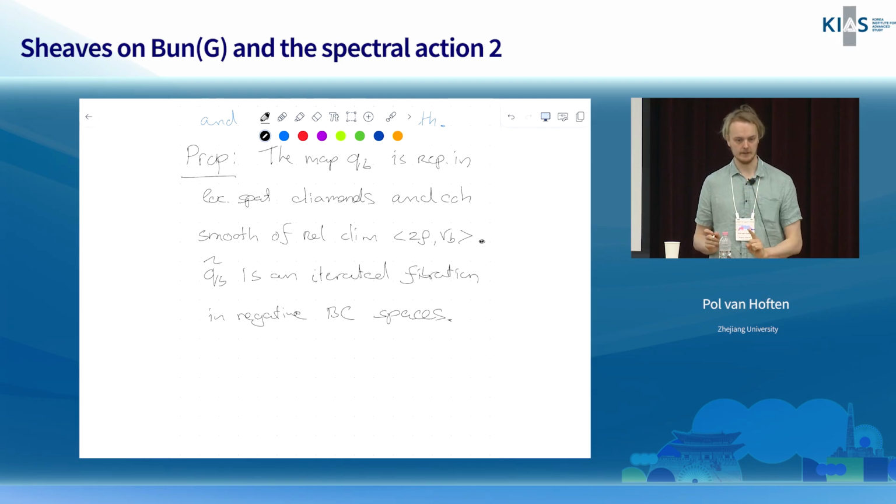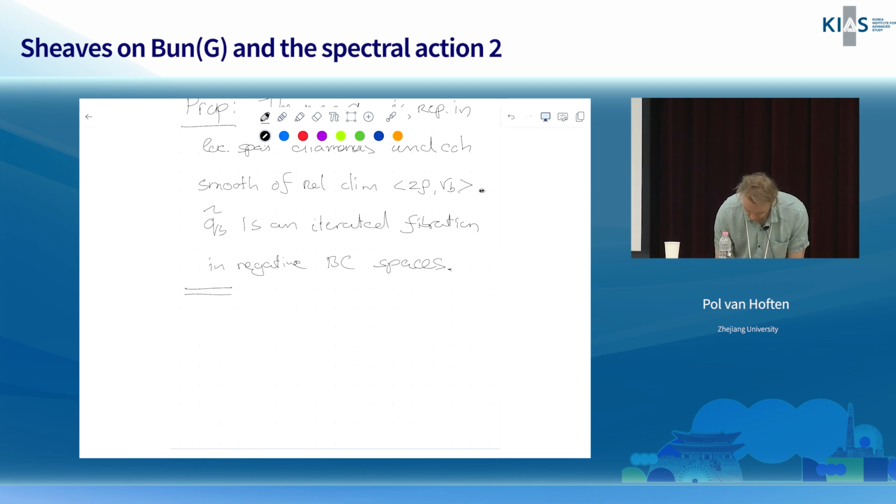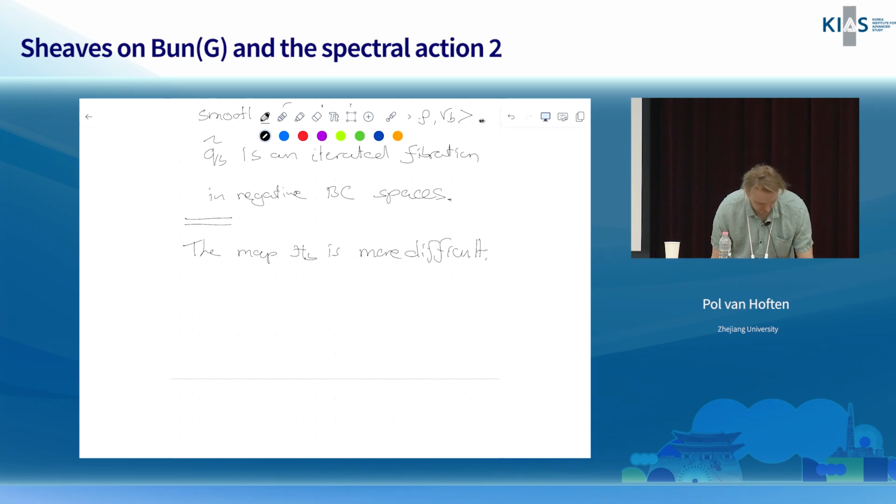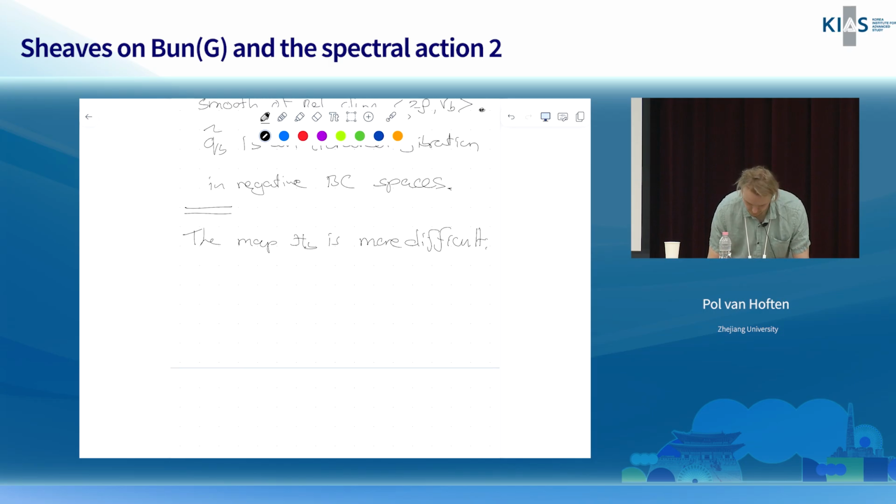The map pi_b is more difficult to understand. Okay, so in our example from before, this G is GL_n, and E_b is E1 plus E2.